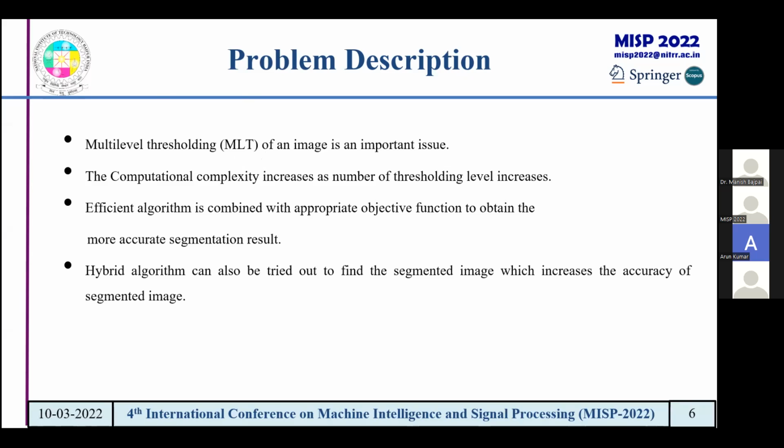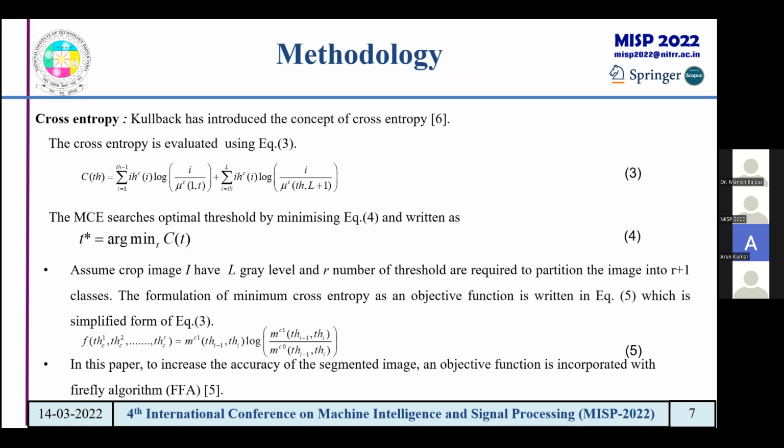That's why we have used an efficient algorithm, with appropriate objective functions, to achieve a better segmentation result. We can also find hybrid based algorithms, meaning one algorithm can be combined with another to find the best segmented result. This is the methodology.